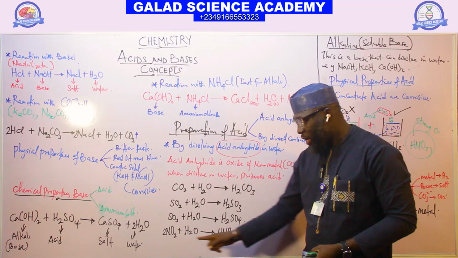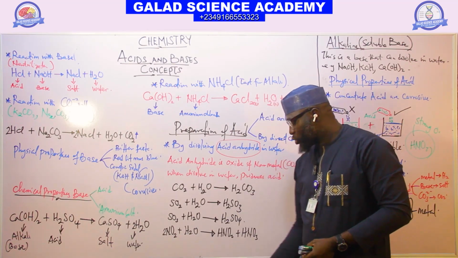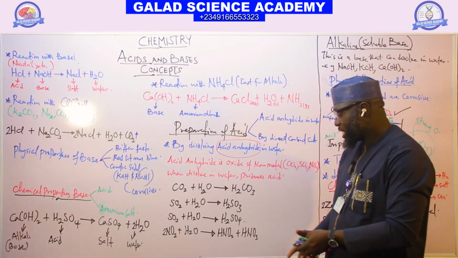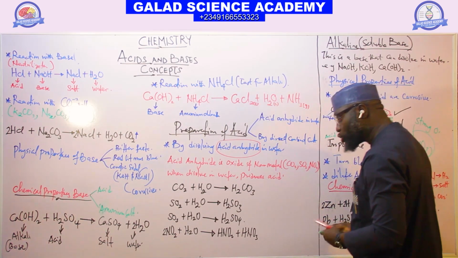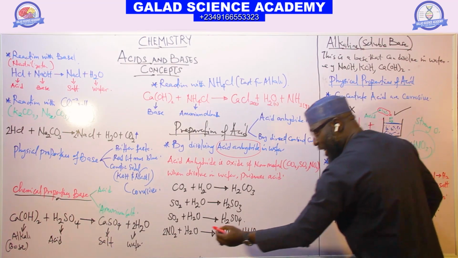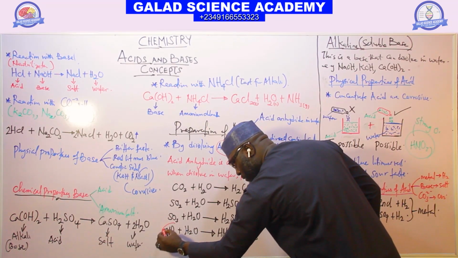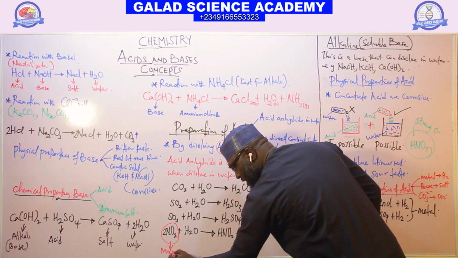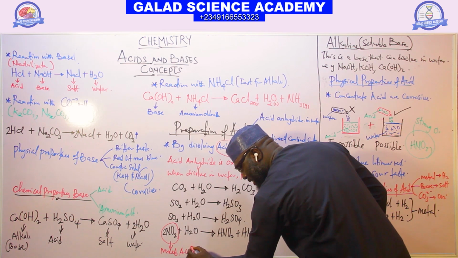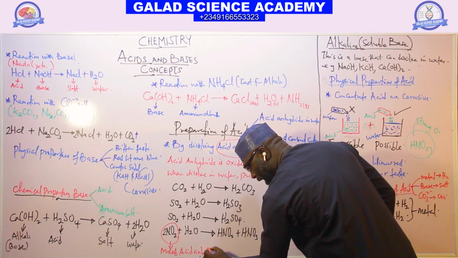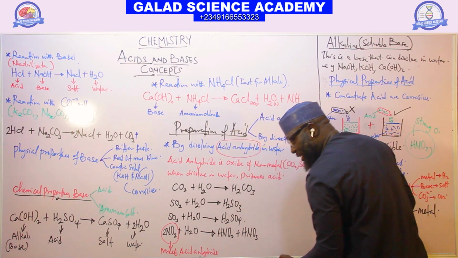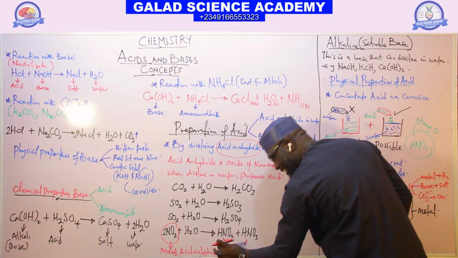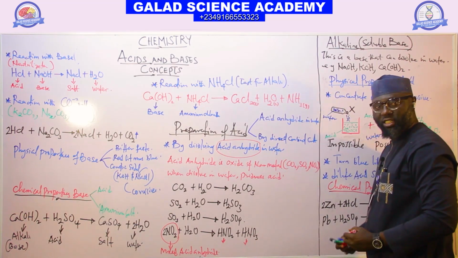So if we dissolve NO2 in water, it will give us two types of acid, nitrous acid and nitric acid. So this NO2 we can also call a mixed acid anhydride, because it produces two types of acid, which are nitrous and nitric acid.